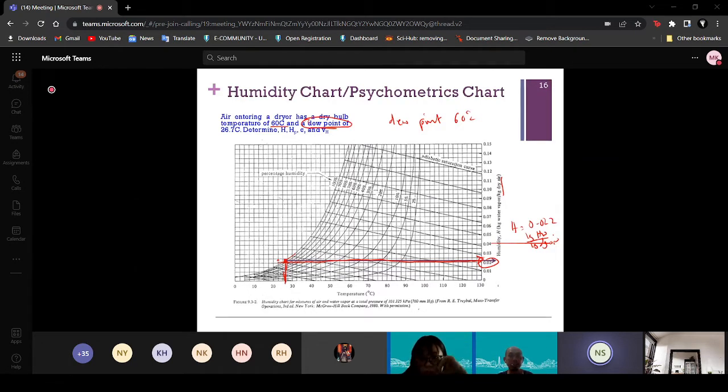Okay, so dew point 60. Berapa jawapan? Can someone help me to answer this? Ada tak jawapan ini? Berapa? Saya nak panggil ni. Saya tak suka panggil. Kalau you suka vote. 0.13. Dew point 60 degree Celsius.